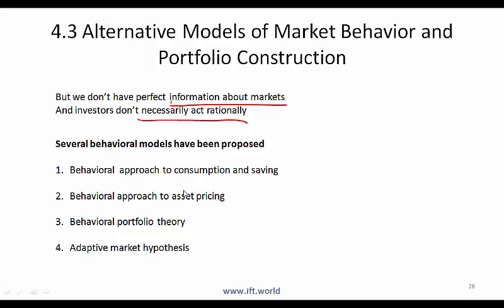I think I read somewhere that even Mr. Markowitz, when he was making his portfolio, did not fully rely on his theory. Okay, so he considers it, but he also had some behavioral biases that influenced what he did. All right, so in this section, we will study some models that have been proposed. Now, a caveat here is that this is an evolving discipline.